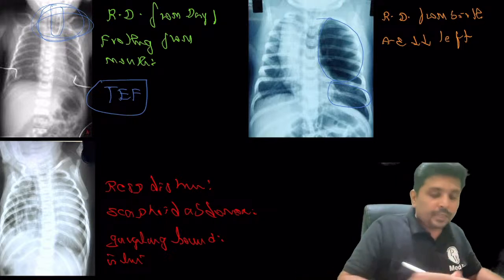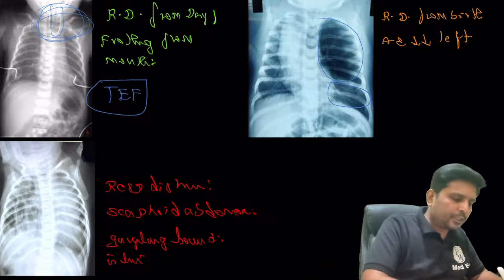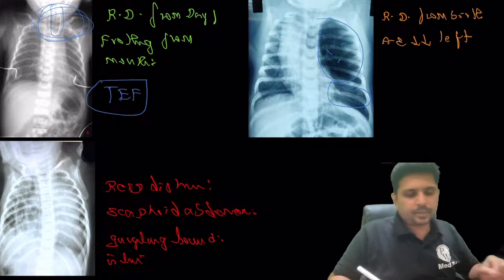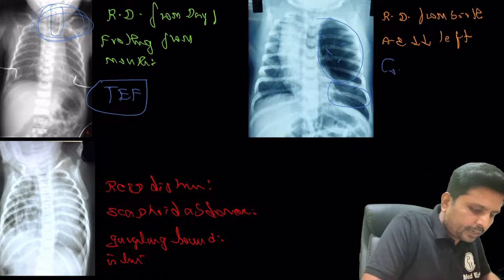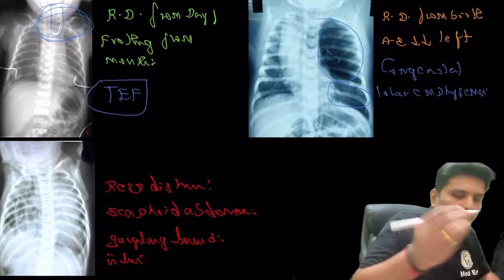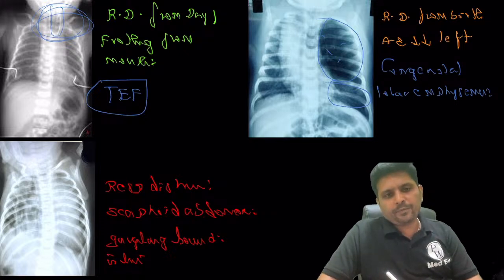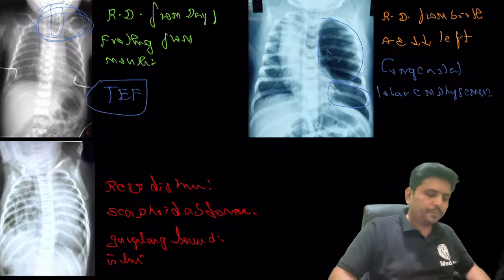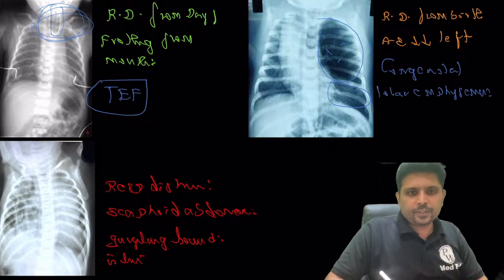This is not pneumothorax because you could see vascular markings. This is congenital, an often asked question, congenital lobar emphysema.